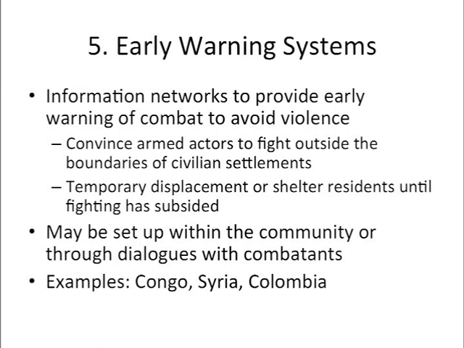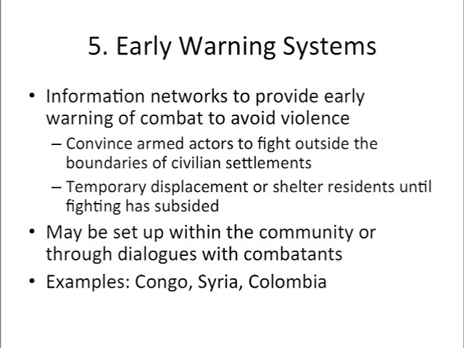This is a fairly simple concept. Essentially the idea is that information networks help provide civilians with early warning of combat, and this in turn helps them avoid violence. Oftentimes with this information, civilians can convince armed actors to fight outside the boundaries of their settlements, fight somewhere else, or civilians can take action to temporarily displace or shelter residents until fighting has subsided.